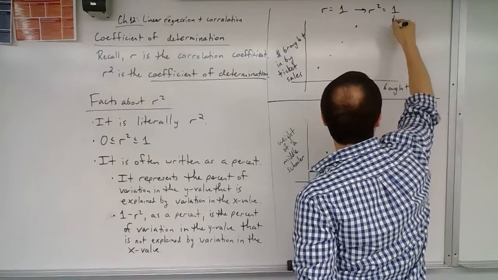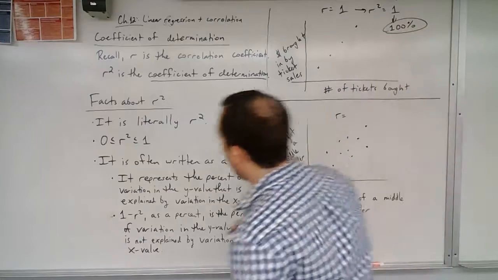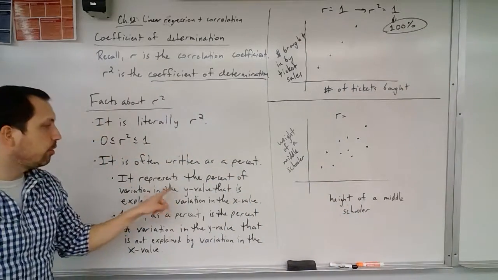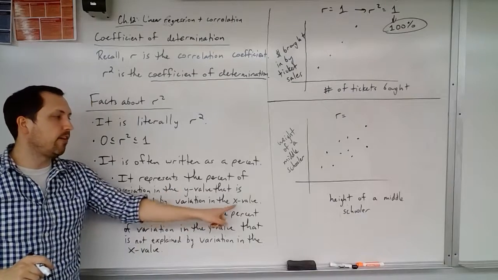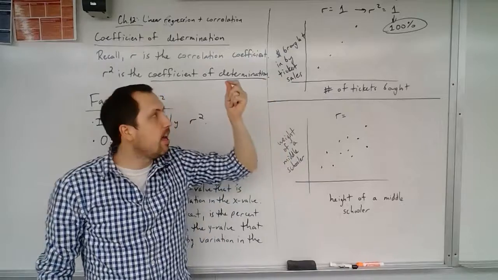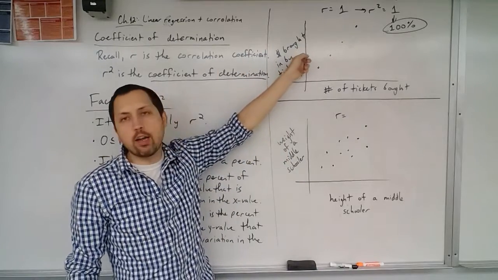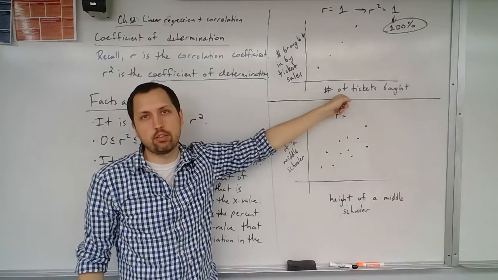As a percent, this is 100%. That means 100% of the variation of the y value is explained by variation of the x value. I can explain everything about the money I brought in entirely by the number of tickets that were bought.